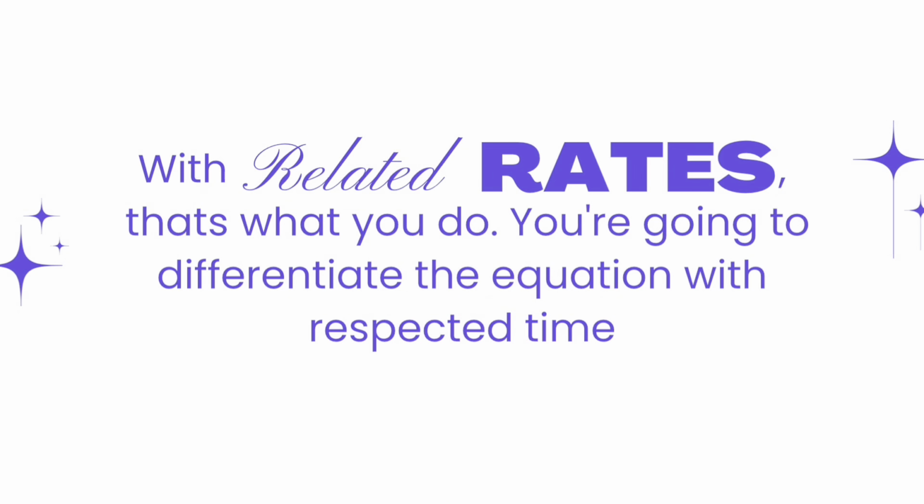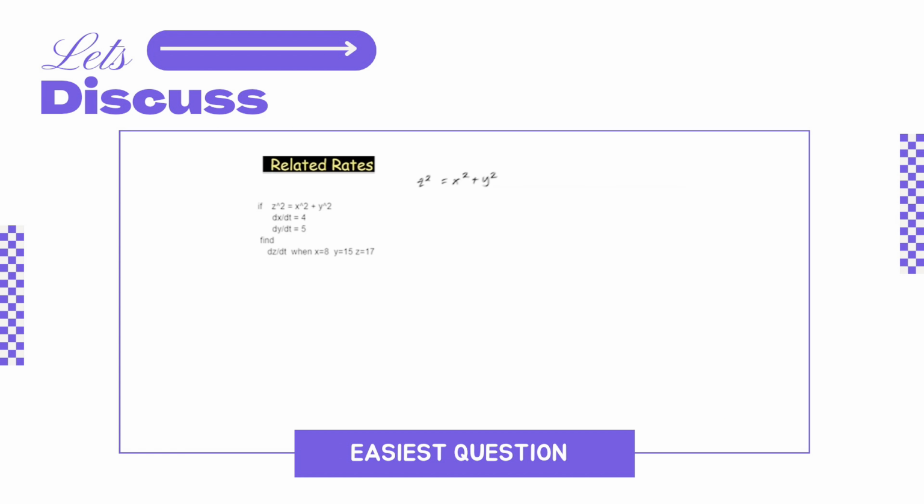With related rates, that's what you do. You're going to differentiate the equation with respect to time. So the first step is to rewrite the equation of z squared equals x squared plus y squared, and then the next step is to differentiate this equation.